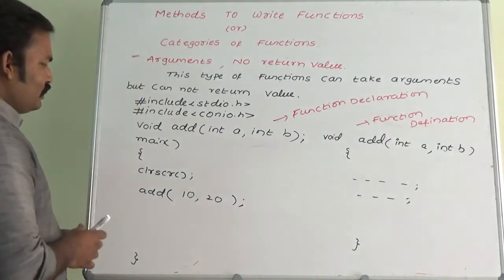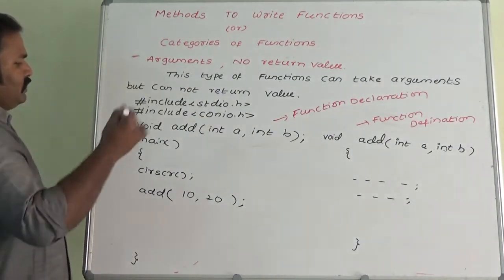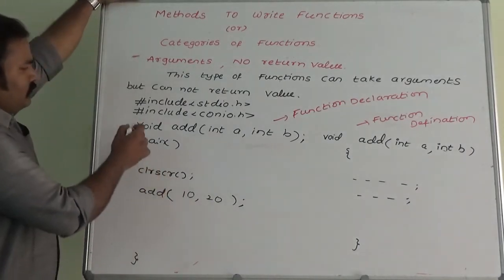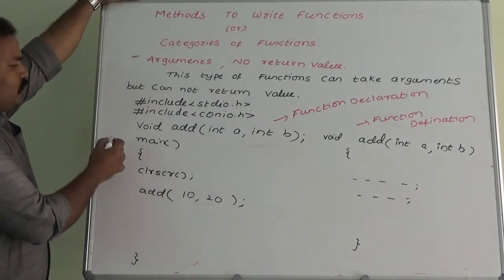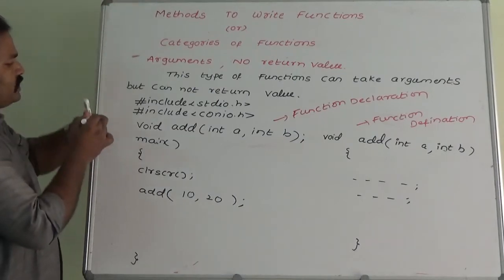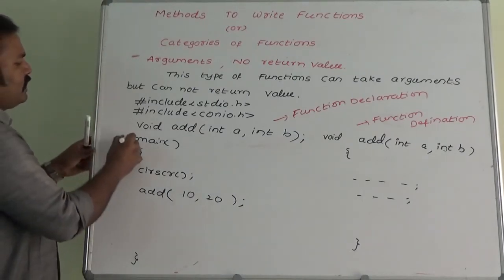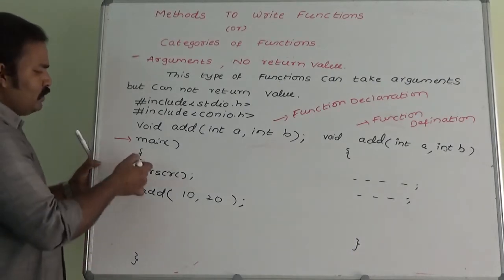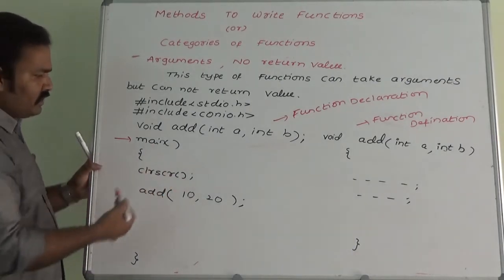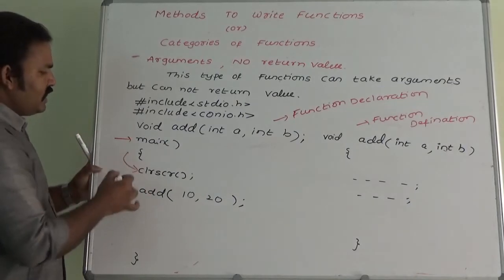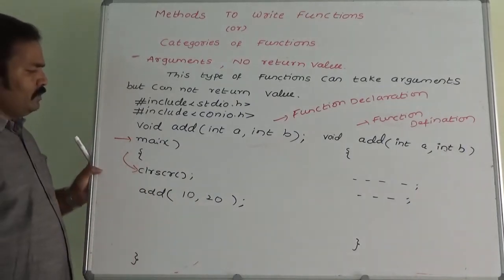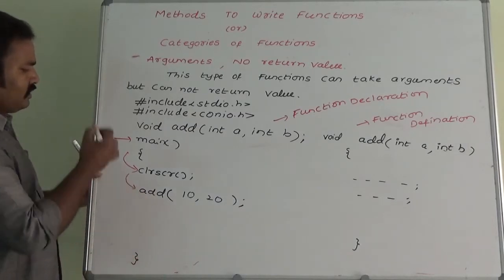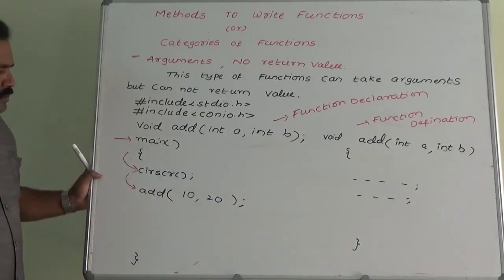If you execute this program, every C program execution starts from the main function, and the execution control executes the statements one after the other in the order in which we wrote them. First the clrscr function will be executed and it will clear the output screen. Next the function call statement will be executed.